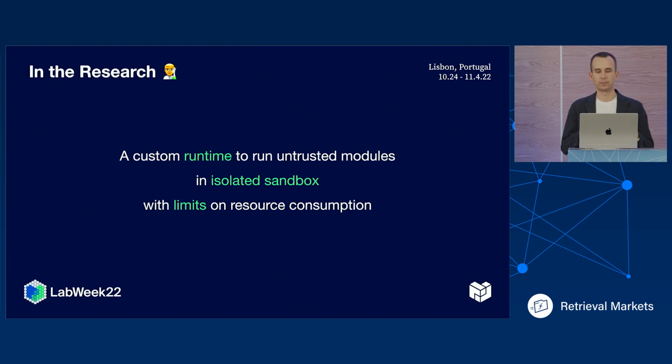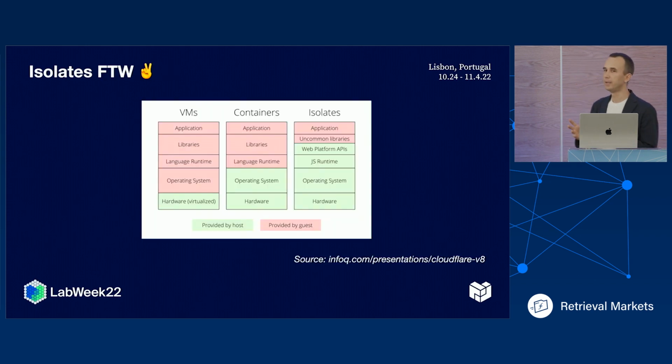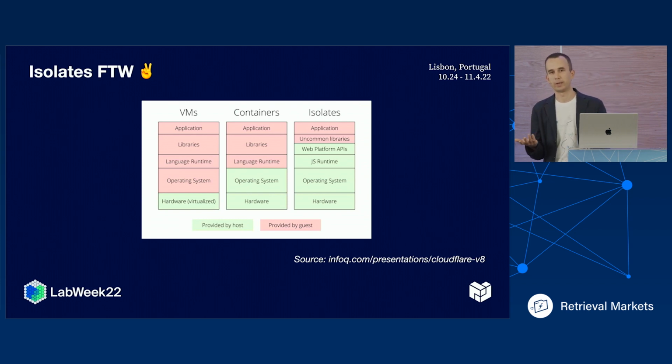We can enforce it. And we also want to enforce limits on resource consumption, like network access or CPU usage. The idea is we actually cannot use virtualization, so no VMs, no containers, because many consumer computers don't support virtualization. For example, Windows Home doesn't support Hyper-V, so there is no way to run Docker on Windows Home computers.